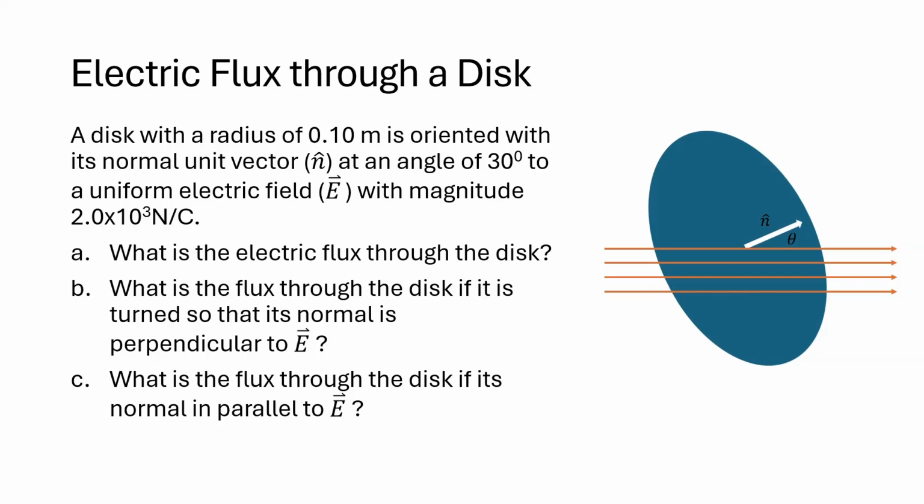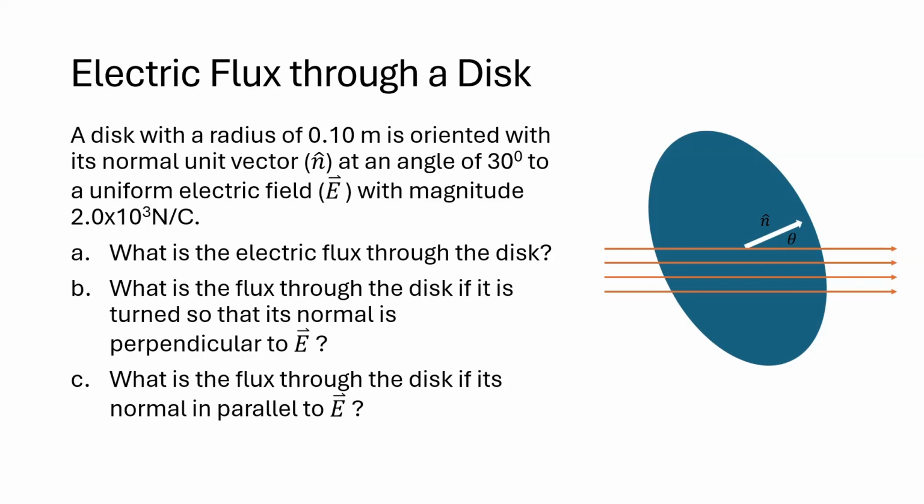It says that the radius of the disk is 0.10 meters, and this is an important value because we're going to use this to compute the area of the disk. Take note that there is a mention of the normal unit vector here, and you can see that in the illustration. There is a letter N with a caret at the top of it.